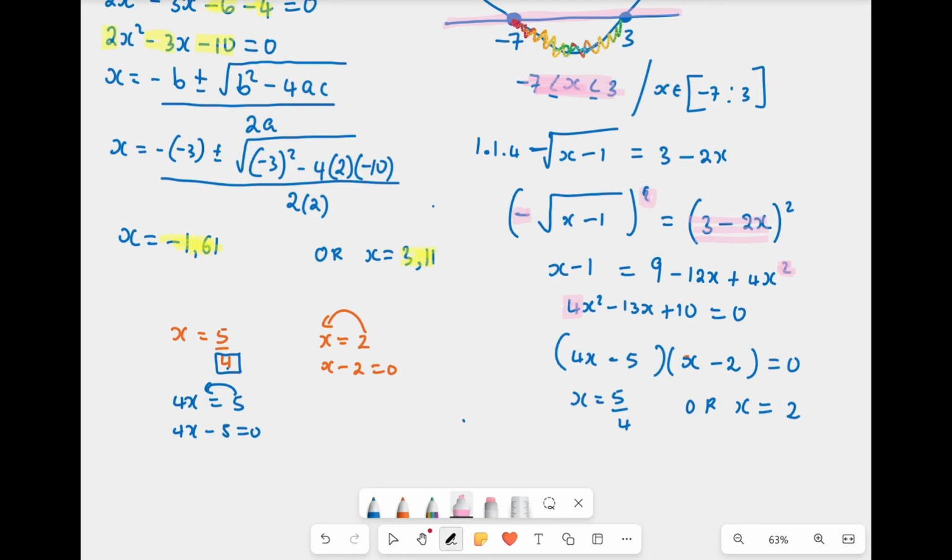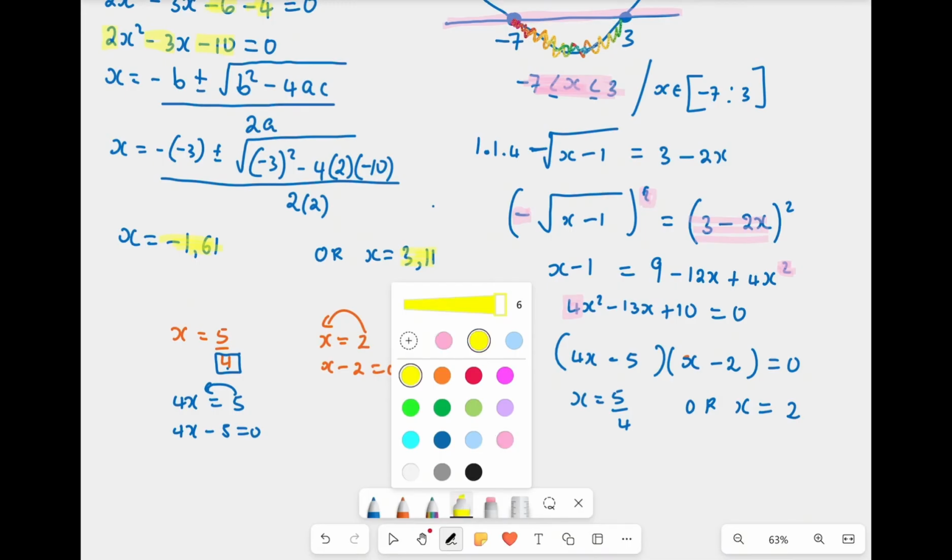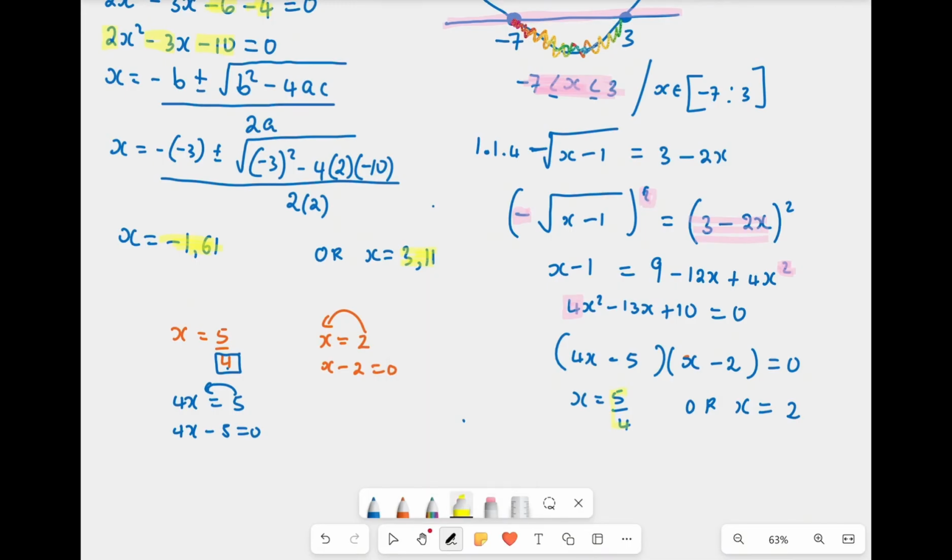Now, I will take this 5 over 4 and substitute where there is x. So if I substitute 5 over 4 where there is x on the left, I am getting negative 1 over 2.